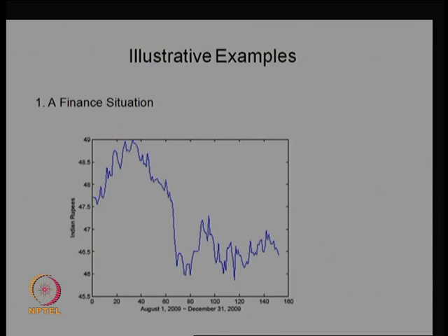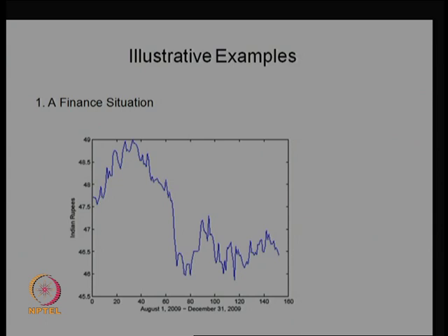If you see the graph, you can make out that on August 1st, 2009, the price of $1 was 47 rupees 57 or 58 paise.